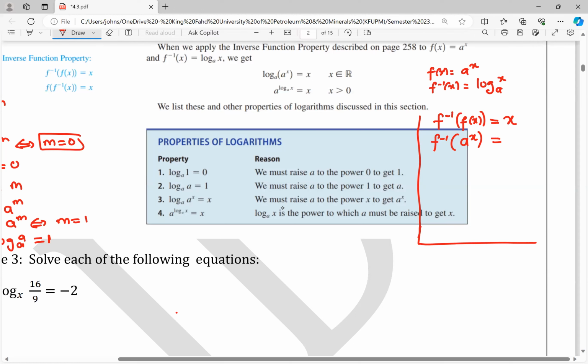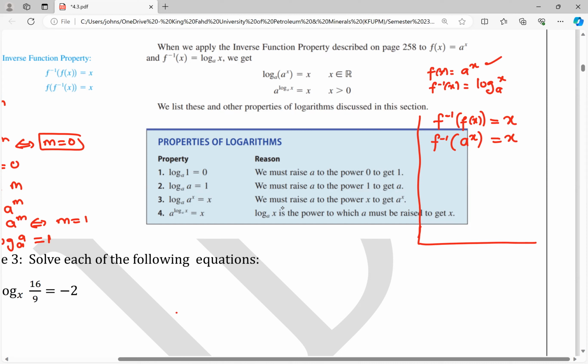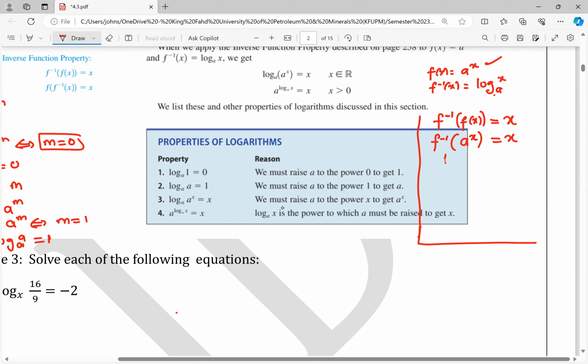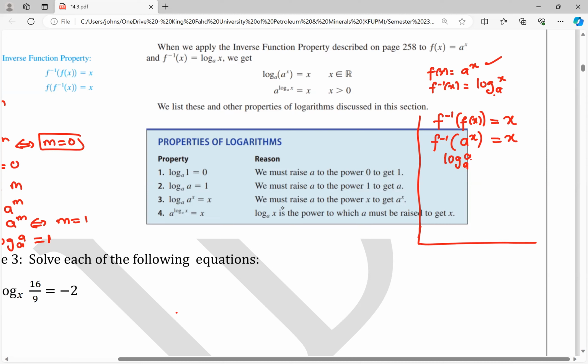But now what is f inverse of a to power x? F inverse means just take log to base a. So now we have to take log to base a of a to power x. And this is still going to be x. So you can see that this is number 3.